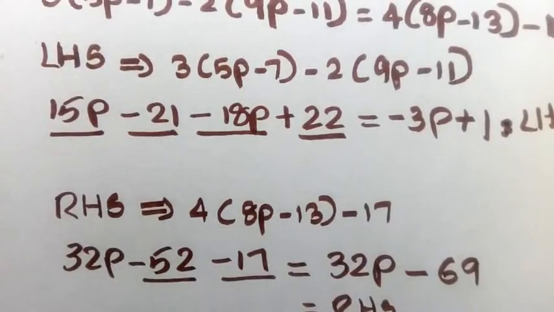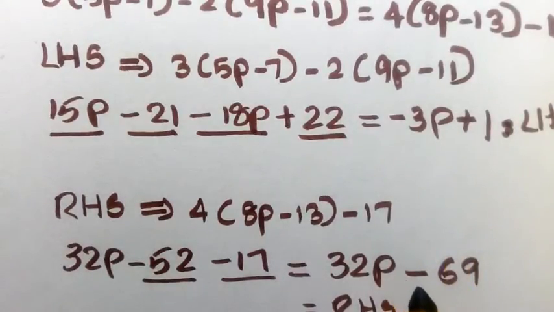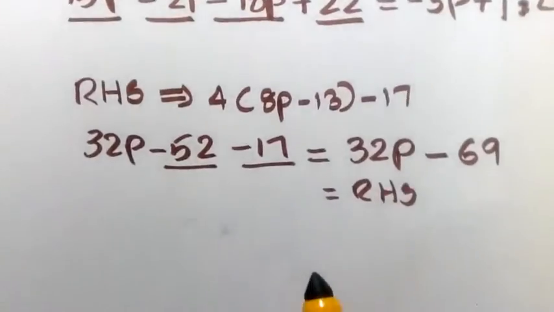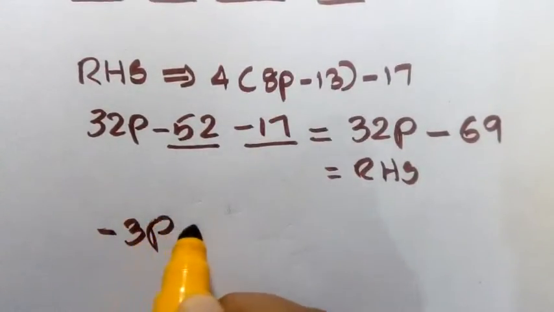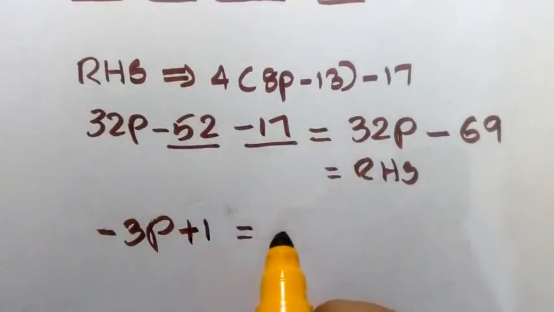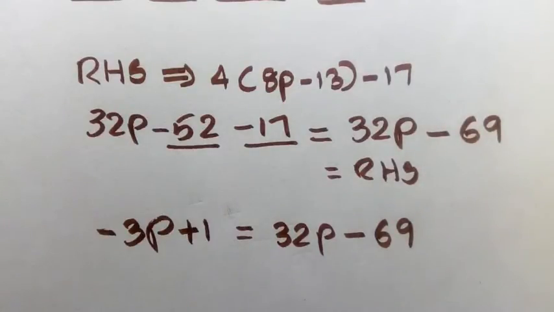Next, let us equate the reduced forms of LHS and RHS. So the next step is minus 3p plus 1 is equal to 32p minus 69. In the next step, bring the terms with the variable to one side and constants to the other side.